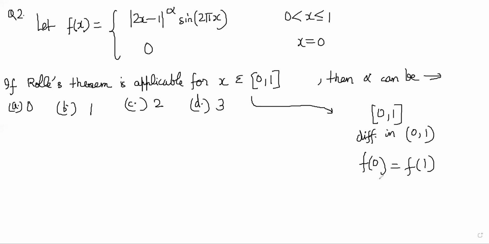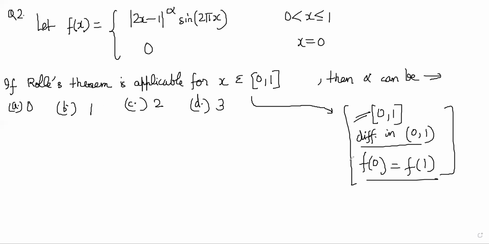These are the conditions that are coming with this statement. So actually this is a continuity and differentiability question, because you will be able to find alpha if you are solving the continuity and differentiability conditions. You have to ensure that it is continuous here and differentiable here.